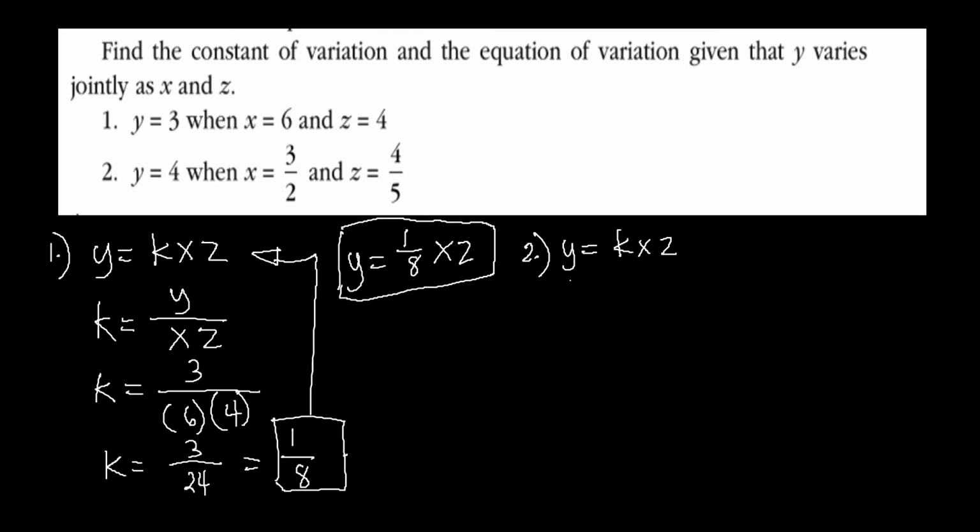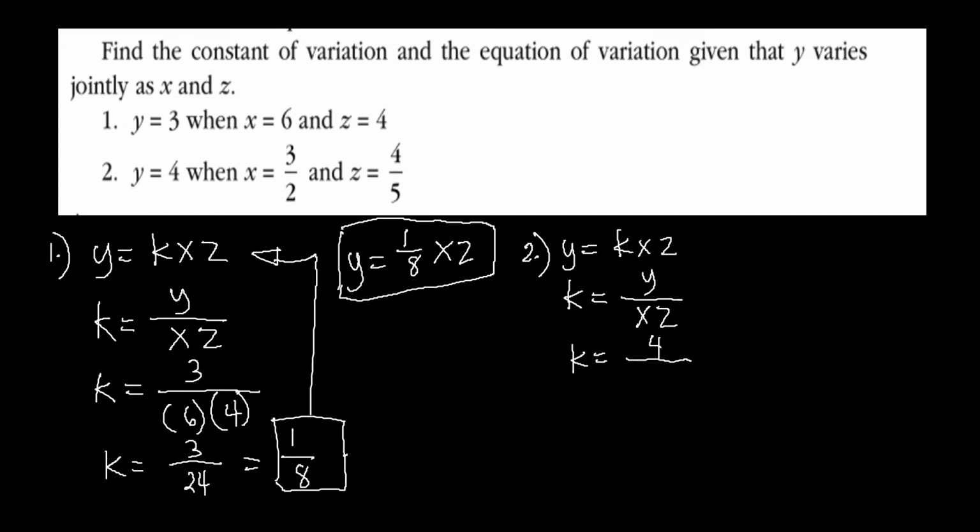Okay, so next, the formula of the constant of variation, k is equals y over xz. Next, just substitute the given values of y and x and z. So we have the value of y, which is 4.